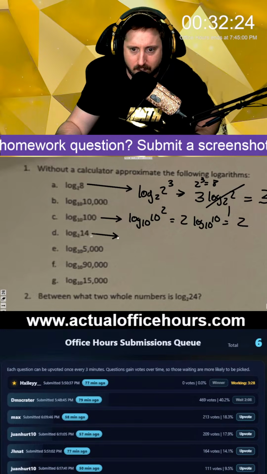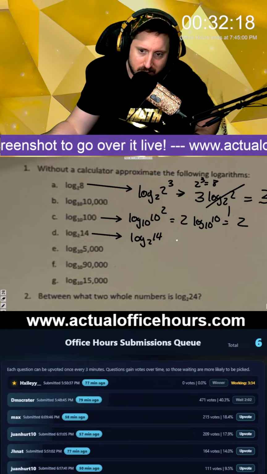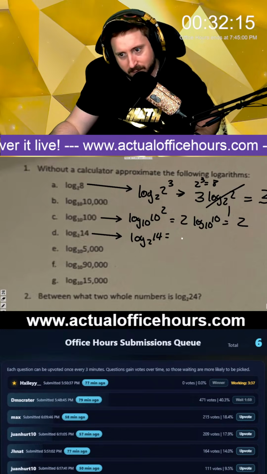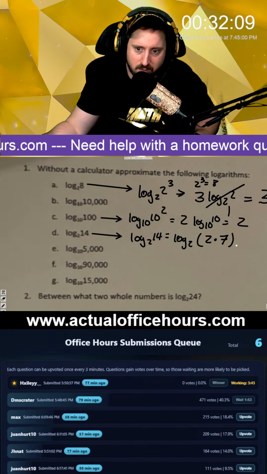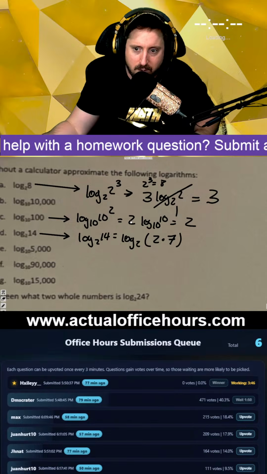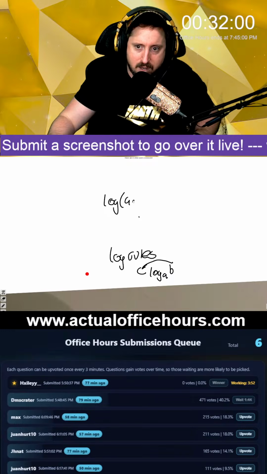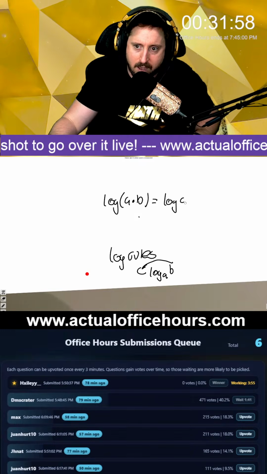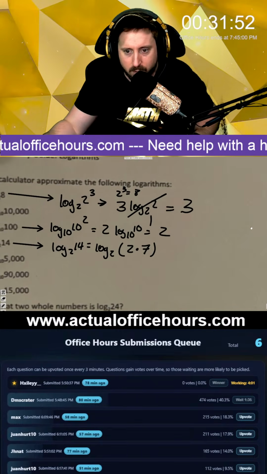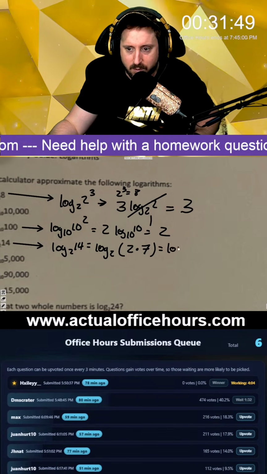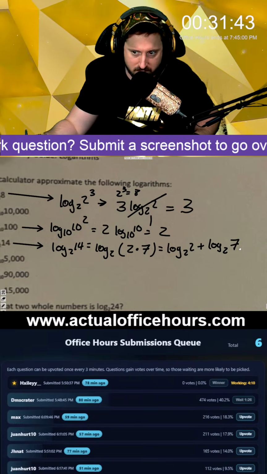So, for instance, the log base 2 of 14, that's the same thing as the log base 2 of 2 times 7. You see how 2 times 7 is equal to 14? And then there's another log rule we learn, which is the log of a times b is also equal to the log of a plus the log of b. Again, this is in my video. This is another really important rule. So this is the same as the log base 2 of 2 plus the log base 2 of 7. Okay?